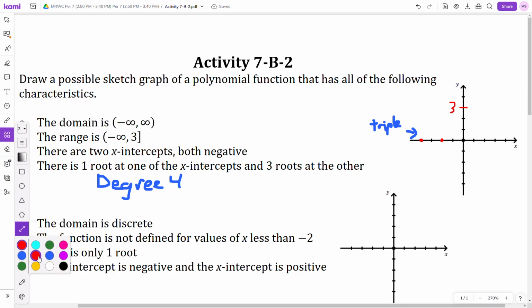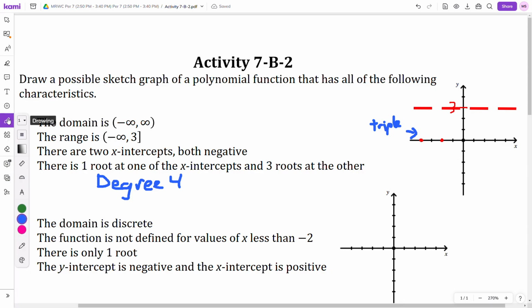Okay, maybe it would have been better if I did a little helper line for me, and say it cannot cross that dotted line. And now let's try again. Maybe we can start from down here.